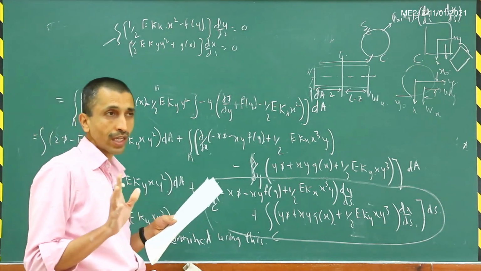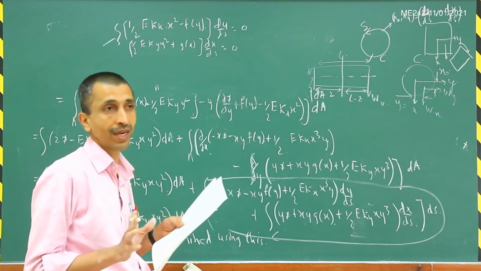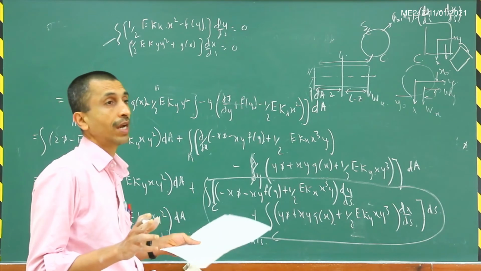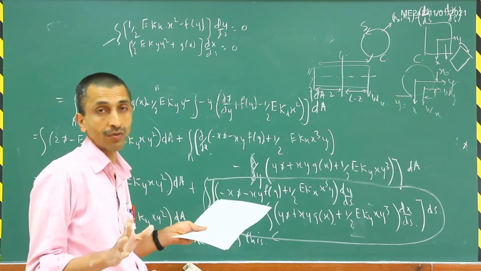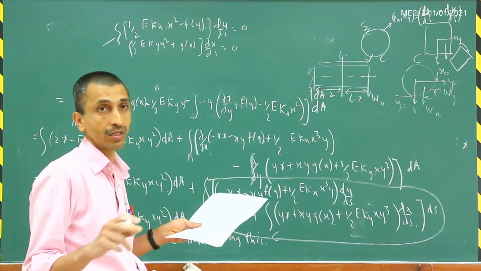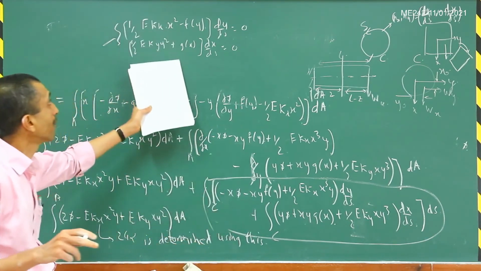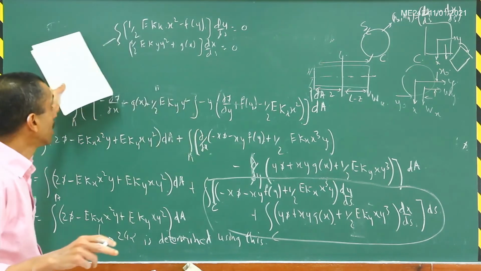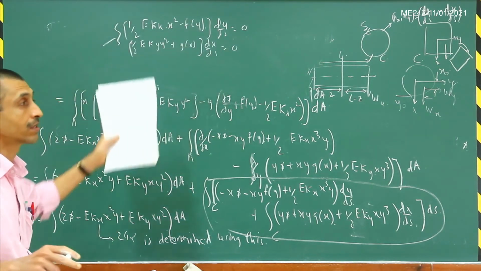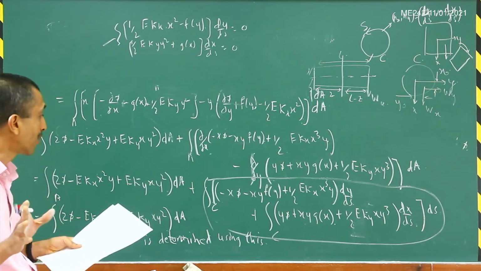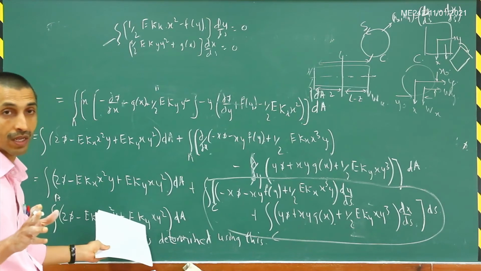We got an equation for del square phi, which involved this 2g alpha, and that is the governing equation for phi. Then phi equal to 0 is the boundary condition on C, provided we can find the f of y and the g of x for that given cross section that satisfy these equations. And that integration constant 2g alpha is found from this particular equation here.